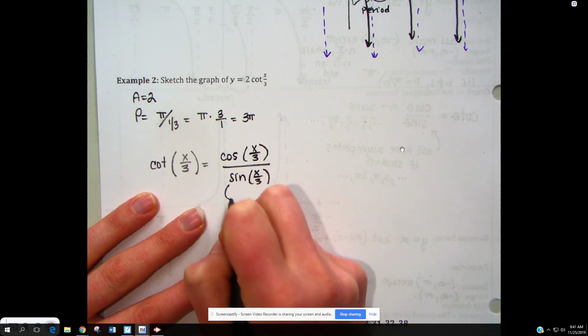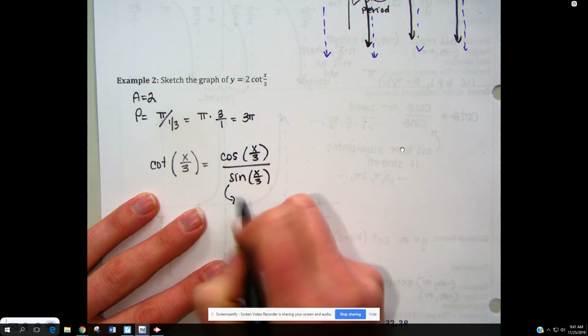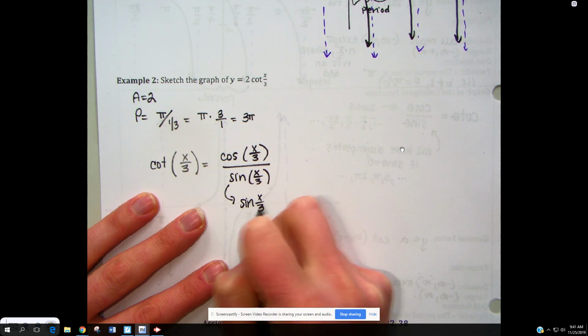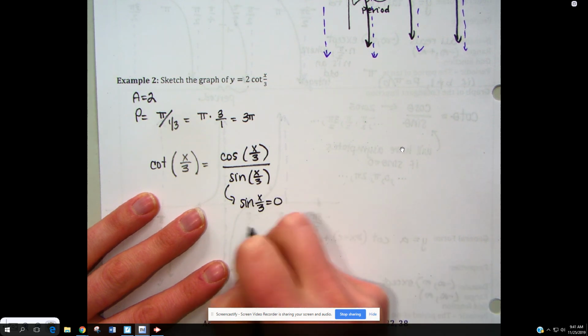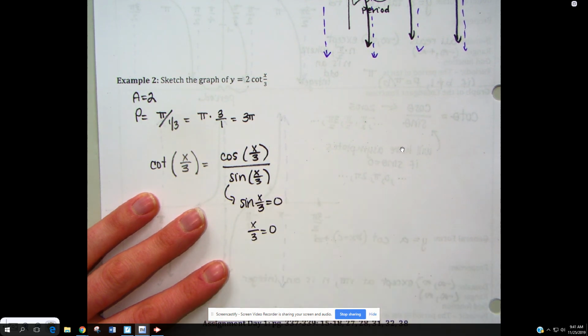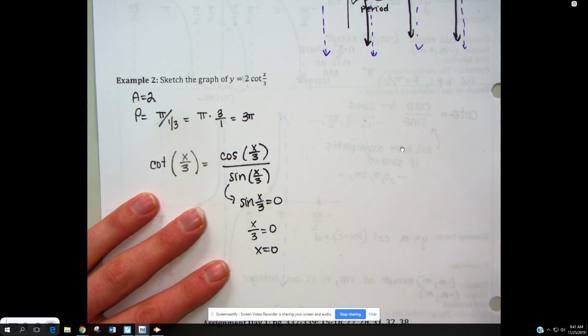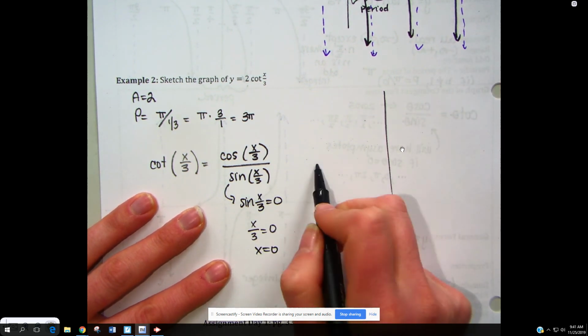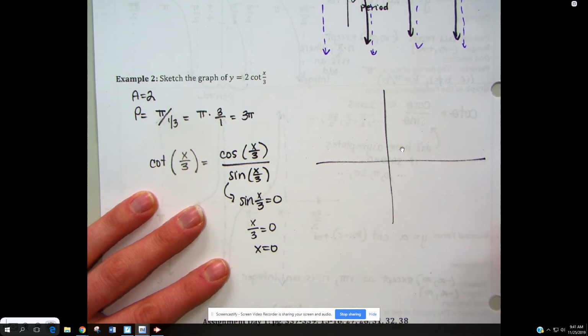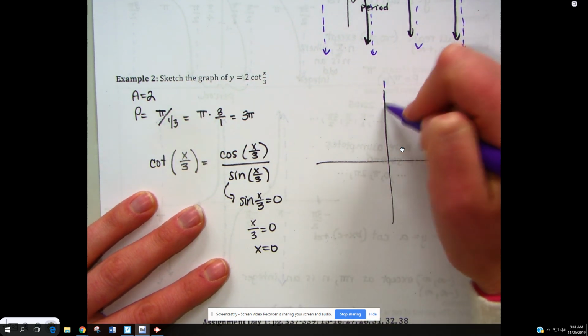Right? Because the first time that sine of x/3 is equal to 0, that would be when x/3 is 0 radians, or when x is 0.